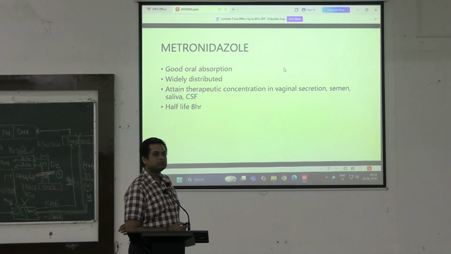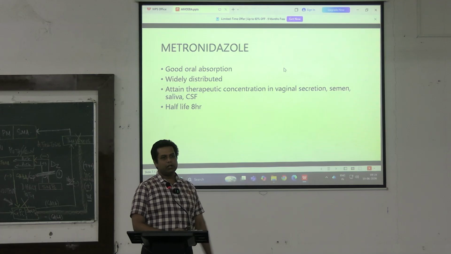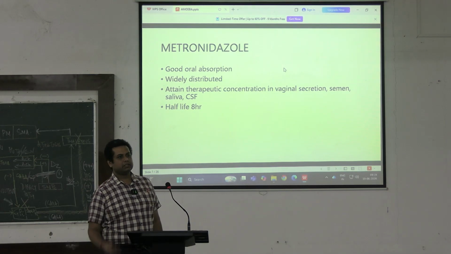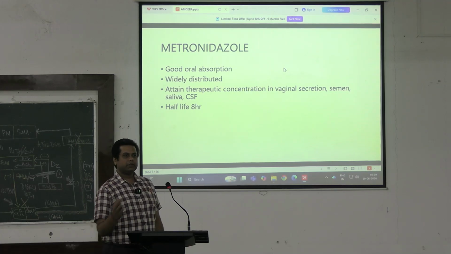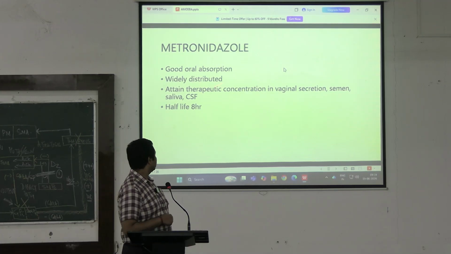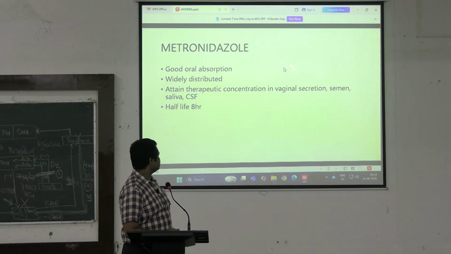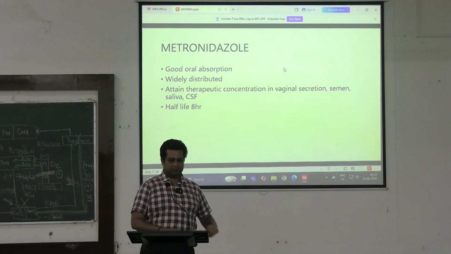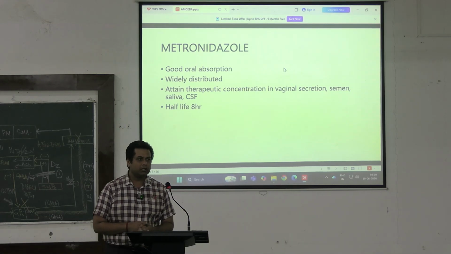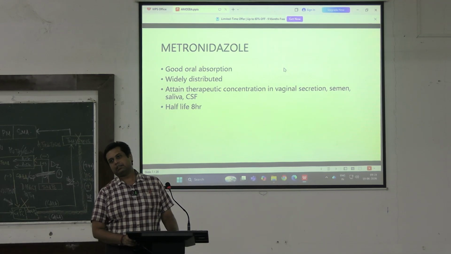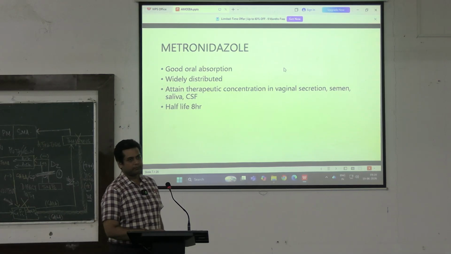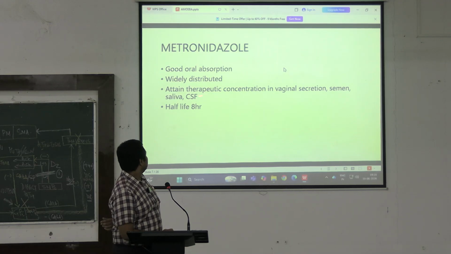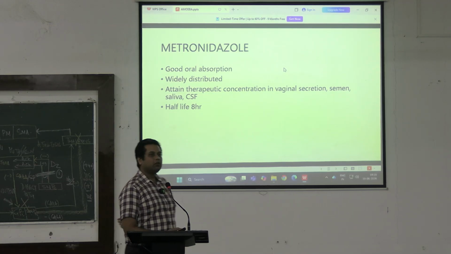Widely distributed, so it can be used for various other infections: anaerobic infection, giardiasis, and other infections. It also has therapeutic concentration in vaginal secretion. So which infection may it be used for? What else can occur in the vagina? Giardiasis, yes, Trichomonas vaginalis. Half life is 8 hours.